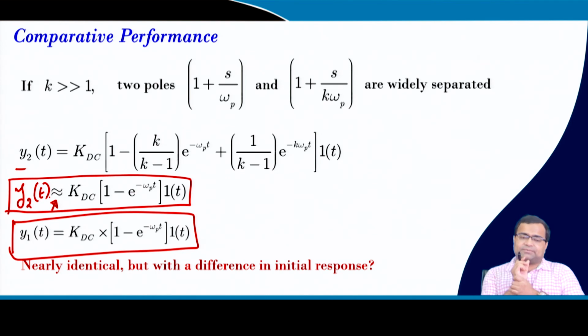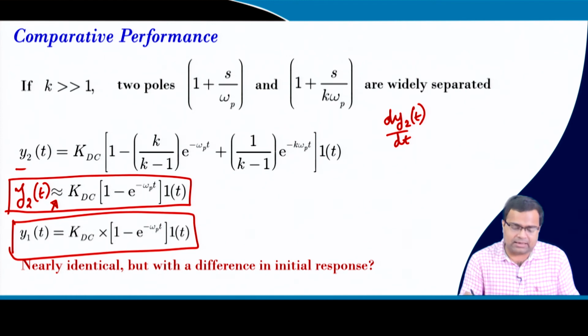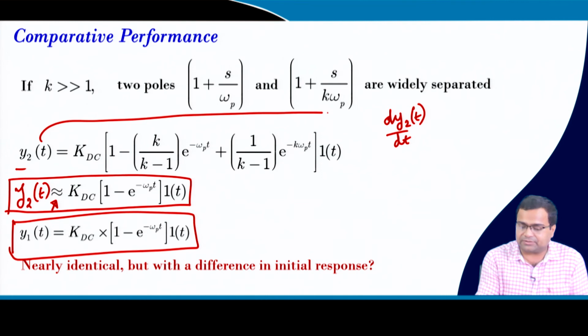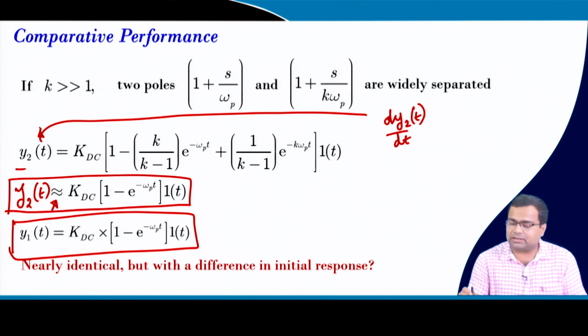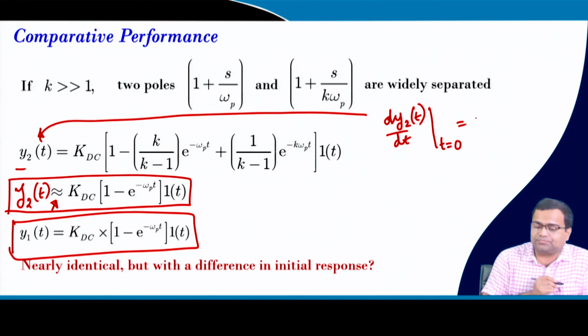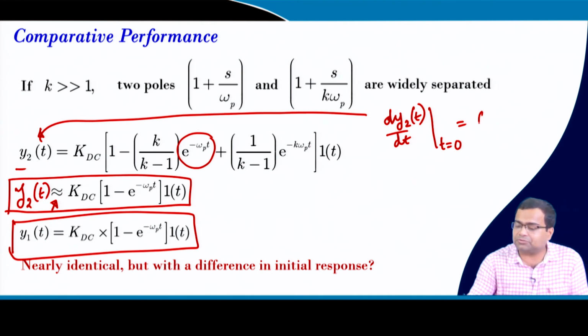Now, the next question, if you take d2y/dt2, and if you find out, that means the original expression, I am talking about this expression, and you set t equal to 0. If you differentiate this response, this term will give minus k omega t, and you will find this will be simply 0.